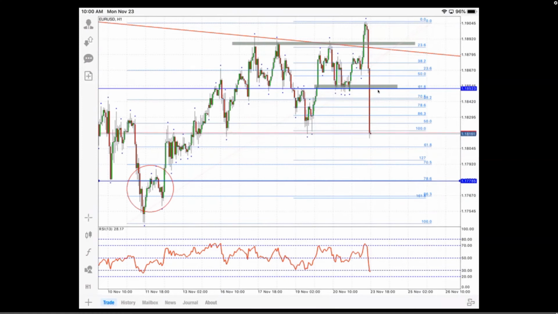If I wanted to add to this position, you also have an imbalance here. You can see there are no wicks on that move, so this is a significant area.